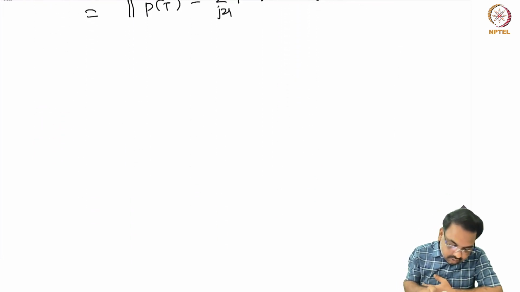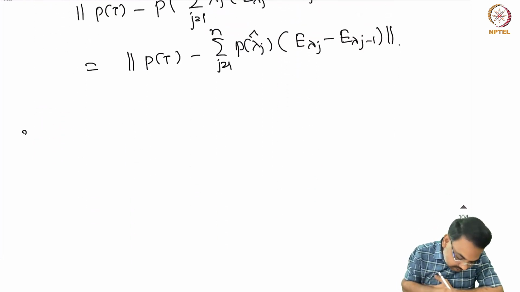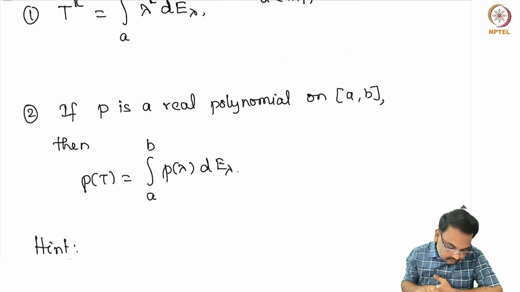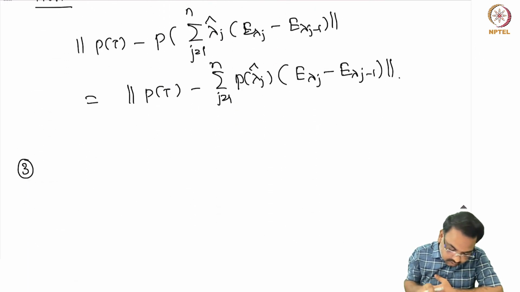One more important application of this result is that P of T is a self-adjoint operator.